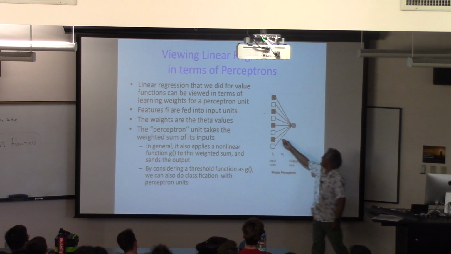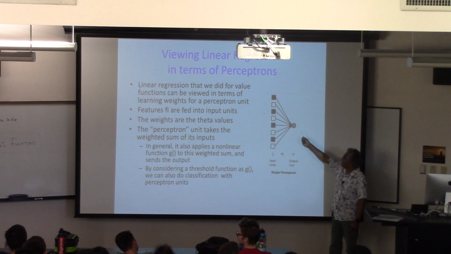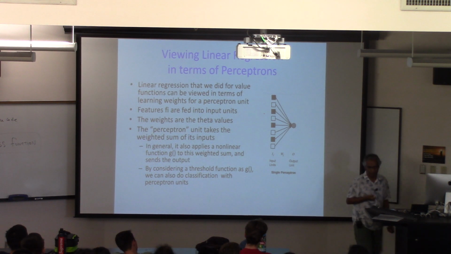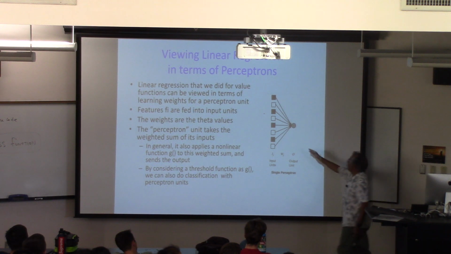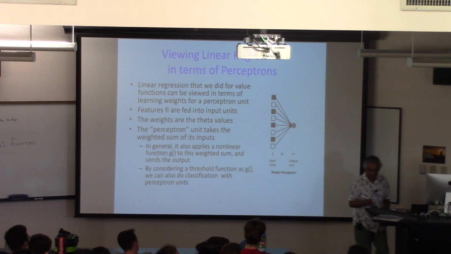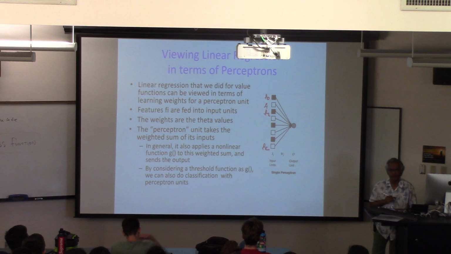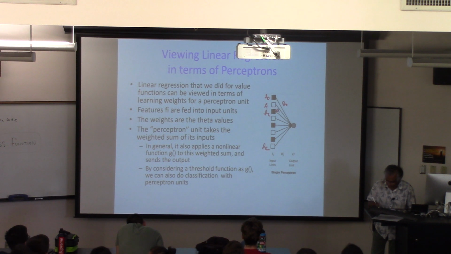So in this particular case, you can think of this as a perceptron. Imagine this is where you are introducing the features here: F0, F1, F2, etc., Fk. You're introducing the variables, the weights here, theta 0, theta 1, theta k.